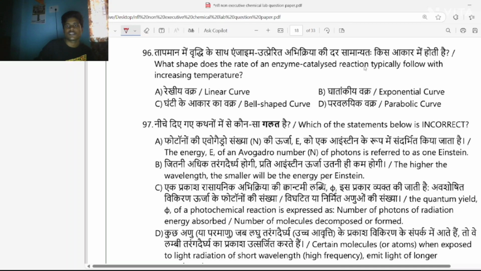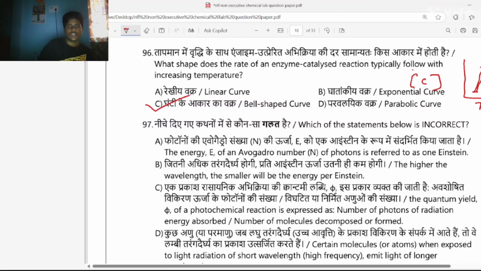Next question. Which of the following statements is incorrect regarding photochemistry? It is a question from physical photochemistry, with some different laws and synthesis. Which of the following is incorrect, he has asked. The energy E of an Avogadro number of photons is referred to as an Einstein.